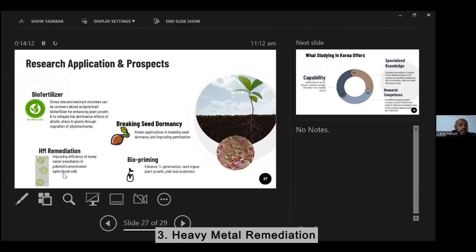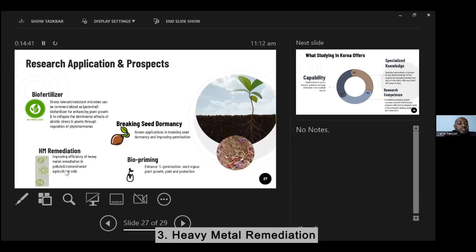In heavy metal remediation, we also realize that there are so many soils around that have been contaminated by some of these heavy metals. For example, if you go to the Agbogbloshie area, where there's very heavy dumping of materials like batteries and all that, these are areas that are heavily contaminated with heavy metals.